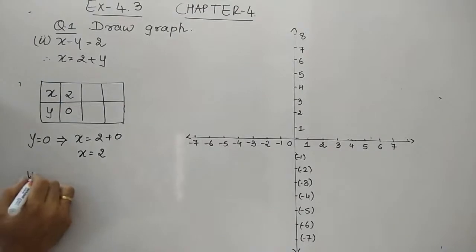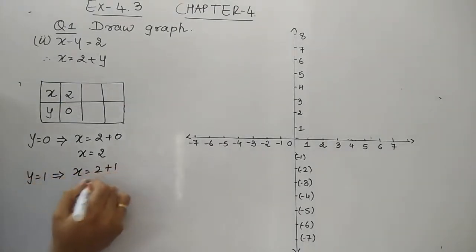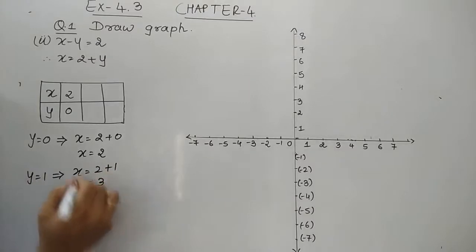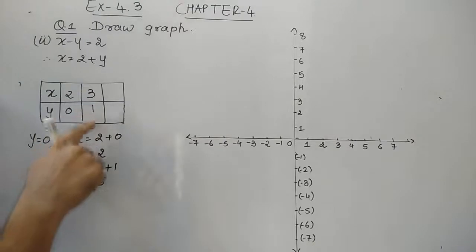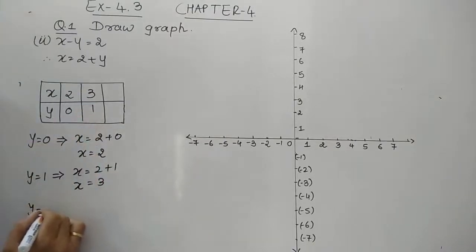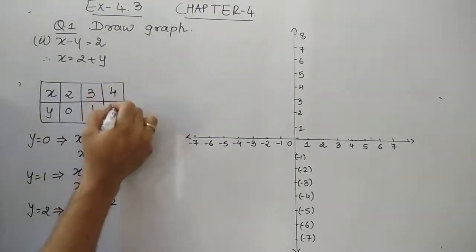Now when we go for y is equal to 1, x is equal to 2 plus 1, that is 3. So 3 and 1. Remember this is the value of y and this is x. Now one more value of y, that is 2. So we'll get x is equal to 2 plus 2, that is 4. So the third solution we obtain is 4 and 2.